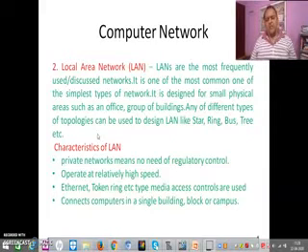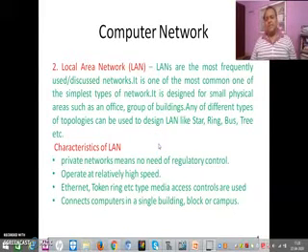It is one of the most common, simplest types of network. It is designed for small geographical areas such as an office or a group of buildings. The topologies that can be used to design a LAN are star, ring, bus, tree, mesh, and hybrid. All these topologies can be used to design a LAN.